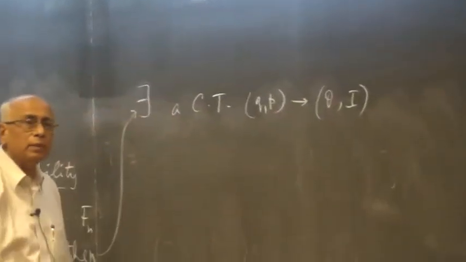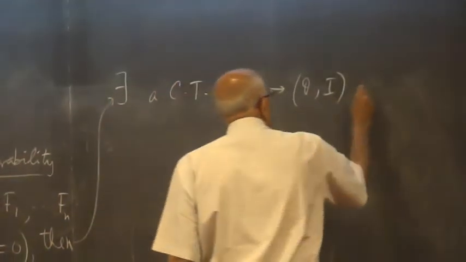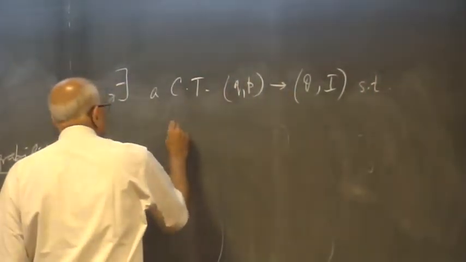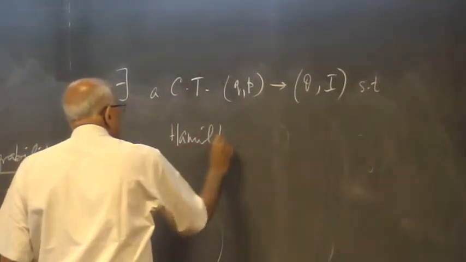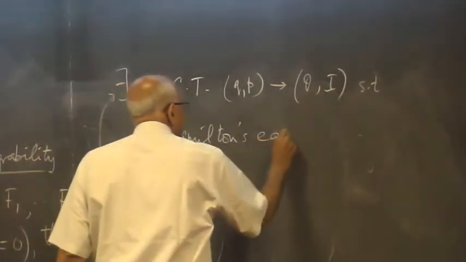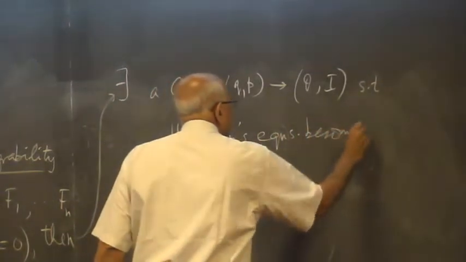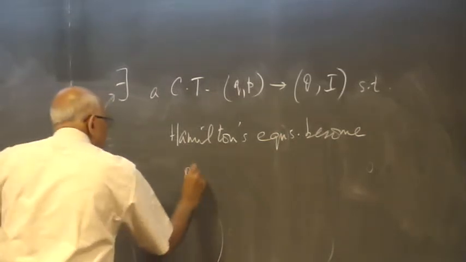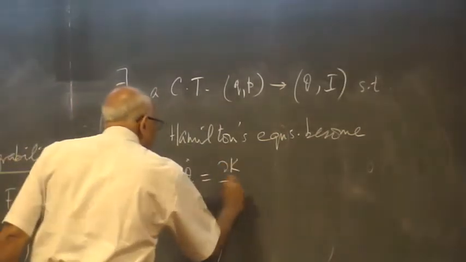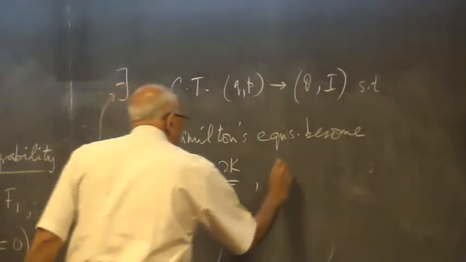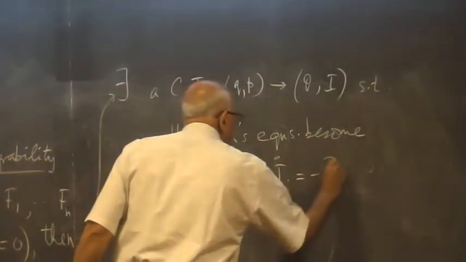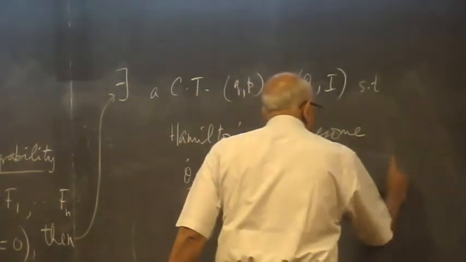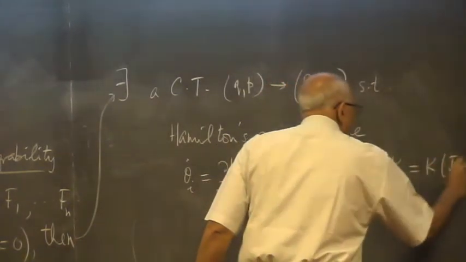Again, the same number of variables, such that Hamilton's equations become theta i dot equal to delta K over delta I i, and I i dot equal to minus delta K over delta theta i, with K equal to K of I1 through In.